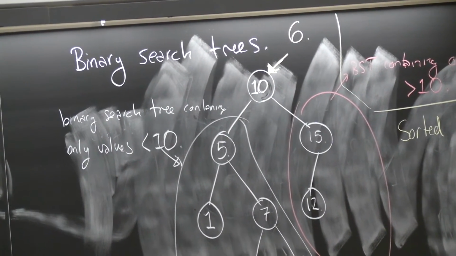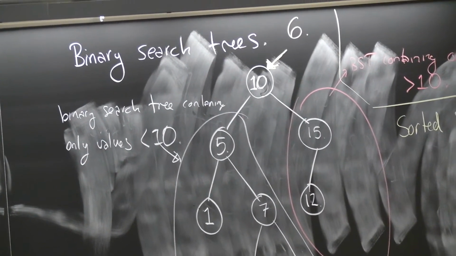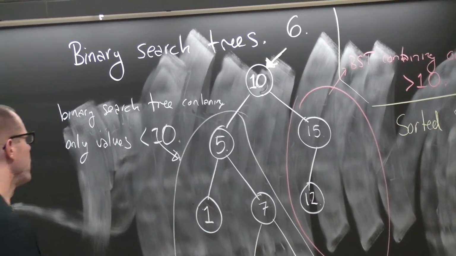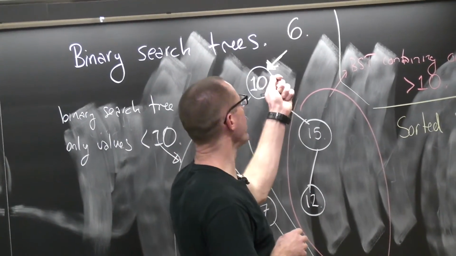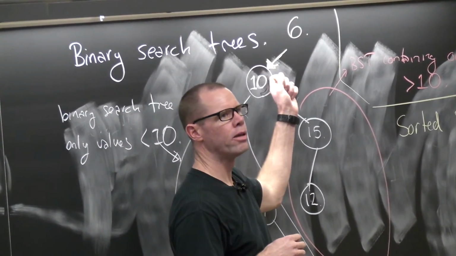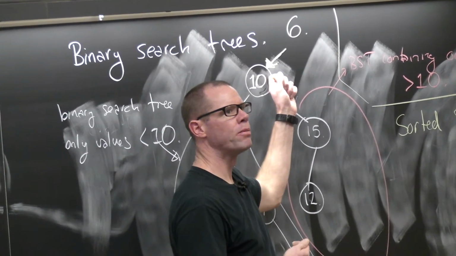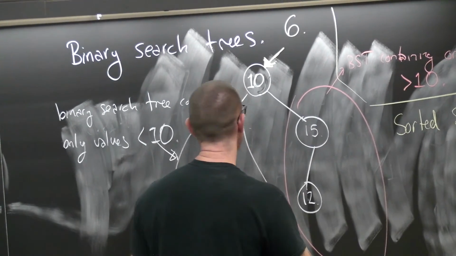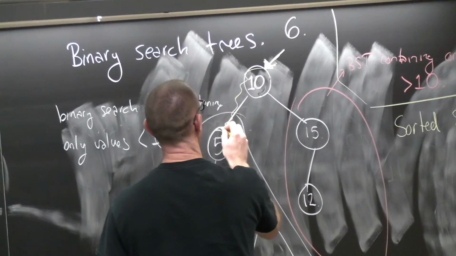And why should I do it? Yeah. So I can compare 6 and 10 and see that 6 is smaller than 10, and everything smaller than 10 is in the left subtree by the definition of binary search trees. So I should go looking in the left subtree.